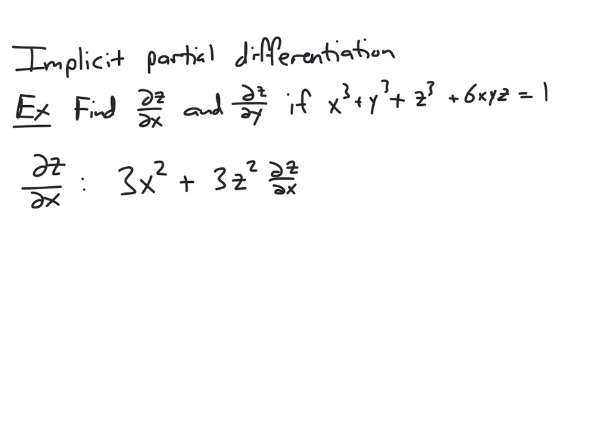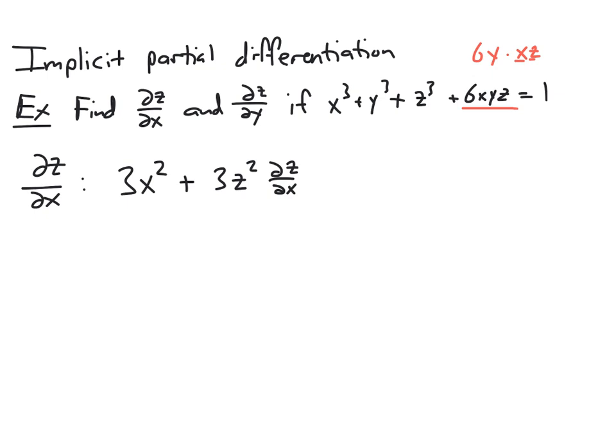Right? And then we get to the term 6xyz. This one is sometimes a little confusing. We really want to think of 6xyz as a constant 6y times xz. And so we have a product there, x times z, and z here we're thinking of as a function of x implicitly. So when we differentiate this, we're going to need to use the product rule.